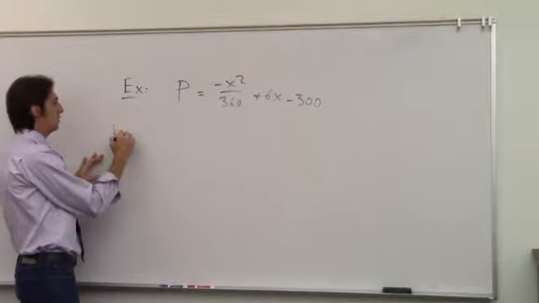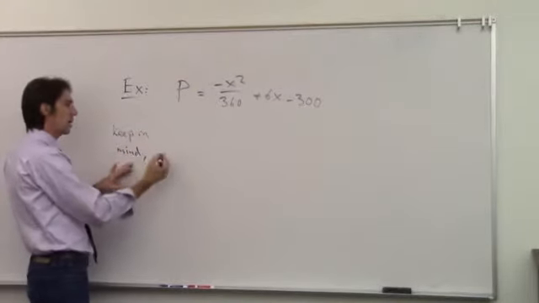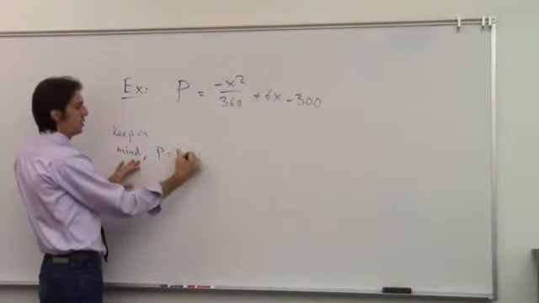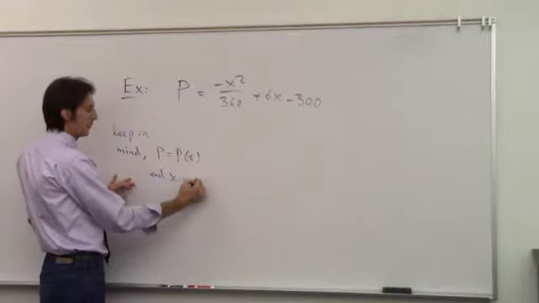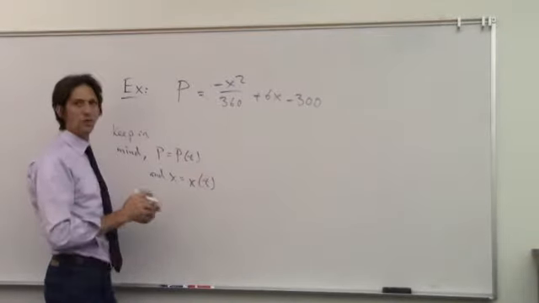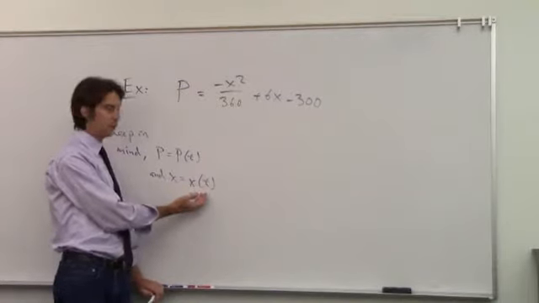And what I'd like you to do is keep in mind that P is really a function of time, and so is X. Right? The number of cups that we're selling might change depending on what day it is.